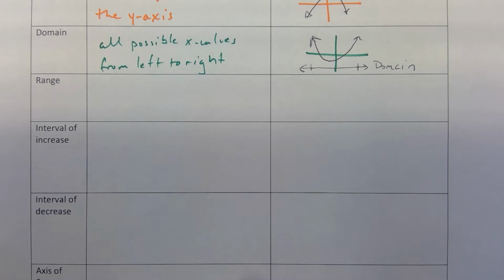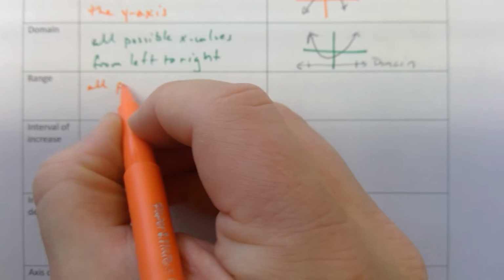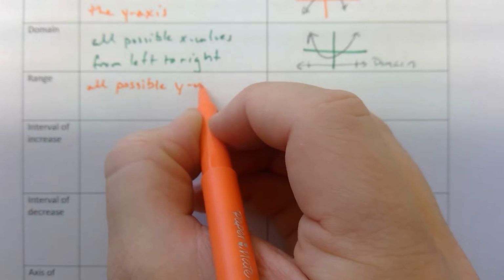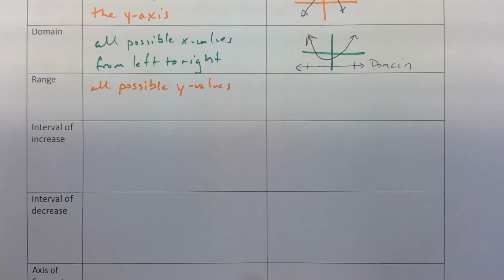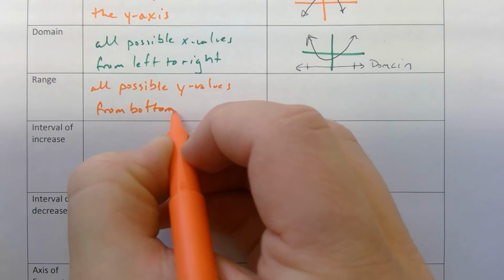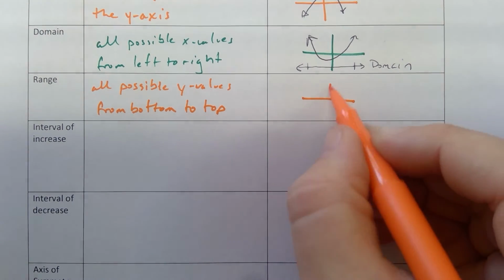Now our range is going to be all possible y values. So just like we read from left to right, with our range though, we go from bottom to top. And we'll go ahead and draw a picture.